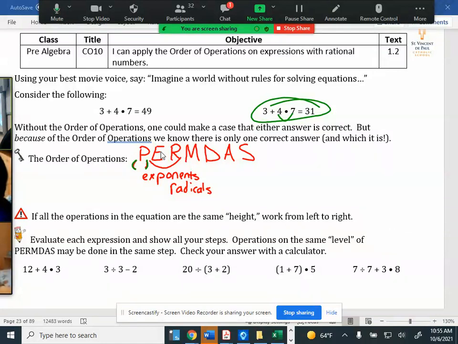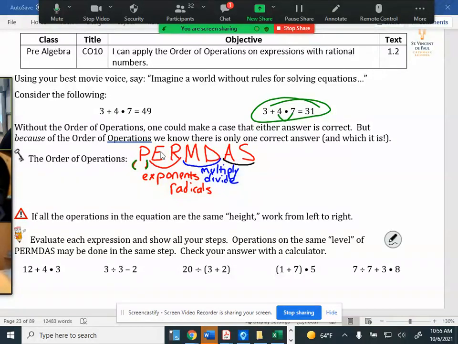Then our next layer that we do is multiply and divide. They are the same level, so it doesn't matter which one we come to first as we go from left to right, just like we're reading our words. Whichever one you hit first of the multiply or divide is the one that you do first.